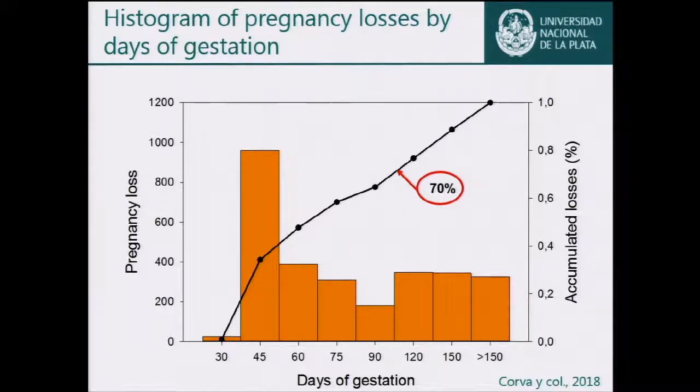So that means that most of the times these pregnancy losses occur early in the gestation, and then the cow got pregnant again and again lost the pregnancy somewhere always between 45 to 60, 70 days of gestation.